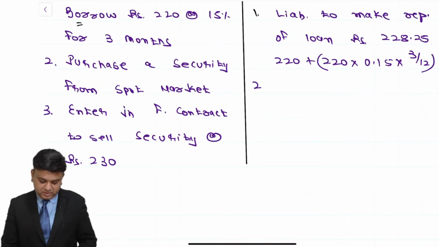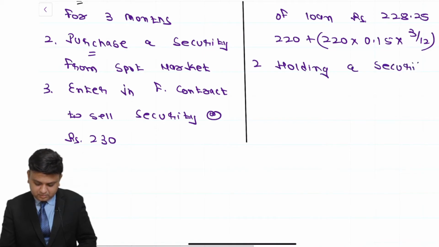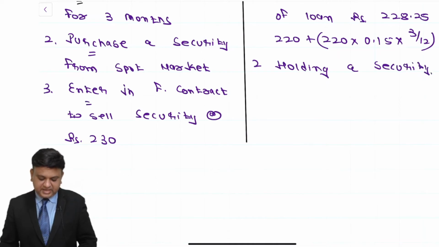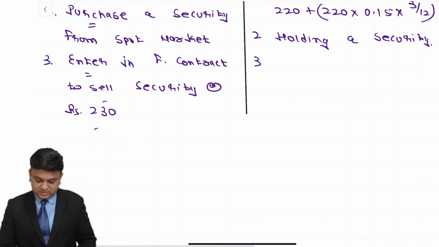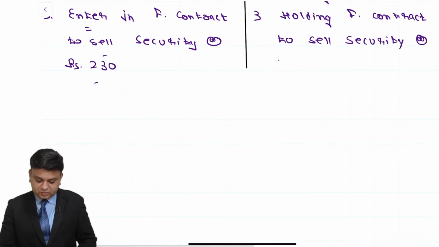Second, you had purchased a security, so holding a security. Third, holding the F contract to sell the security at the rate of rupees 230.